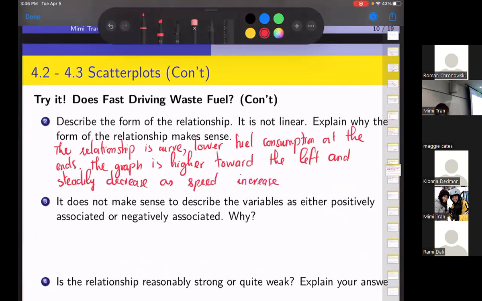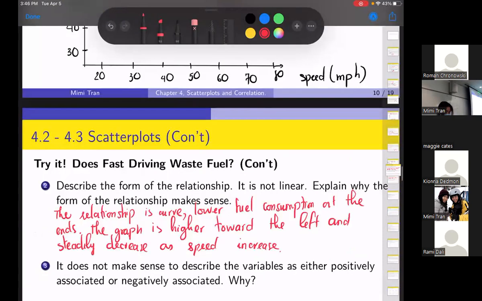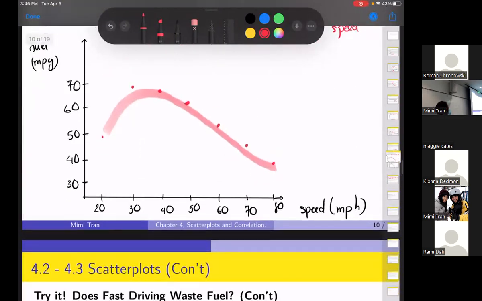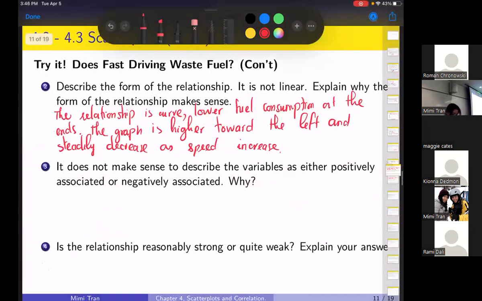Maybe that's why the highway mileage makes sense. Why does it make sense? Because it costs more fuel when you don't keep a steady speed.